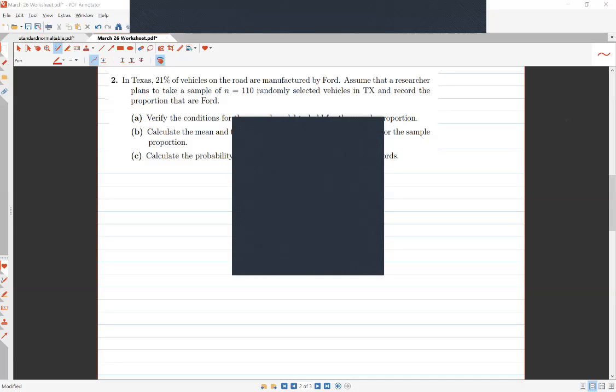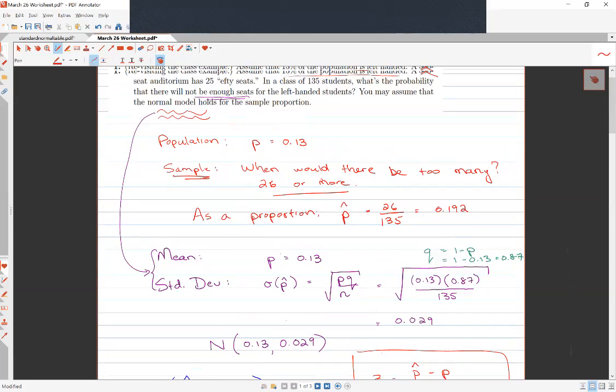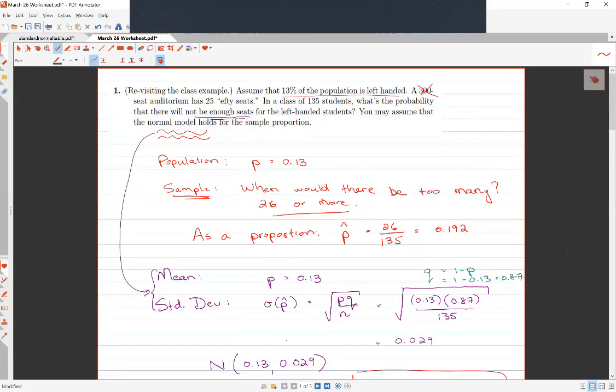Okay, someone is asking in this problem where I got the 0.192 value. So that's my sample proportion. And this specifically came from asking myself, when would I not have enough seats that are suitable for left-handed people? If I had 25 people show up, I would be fine. Right?